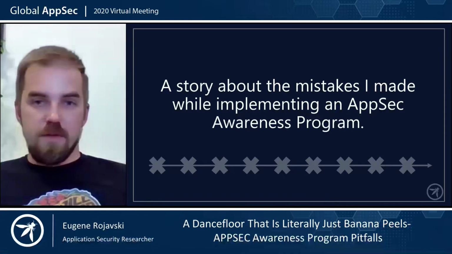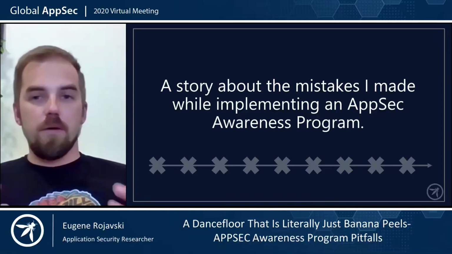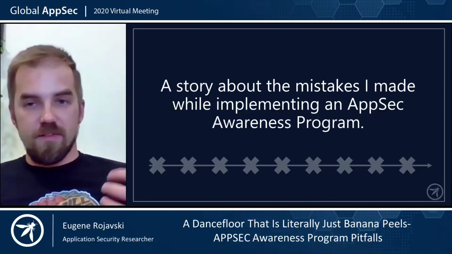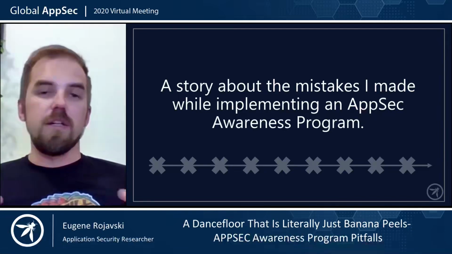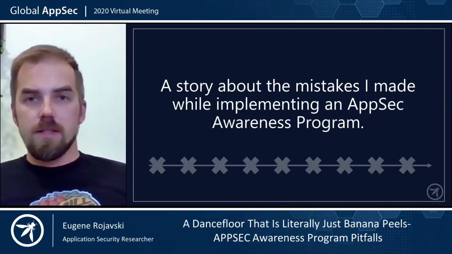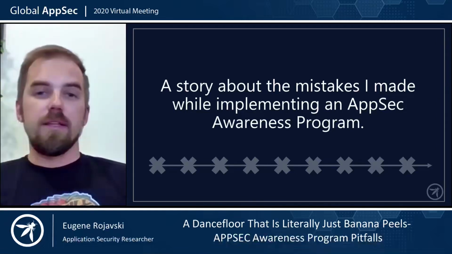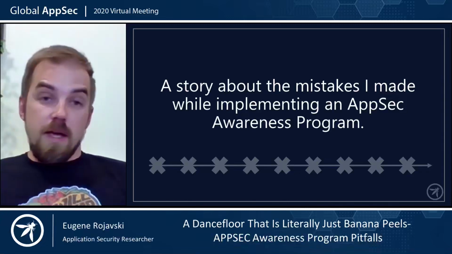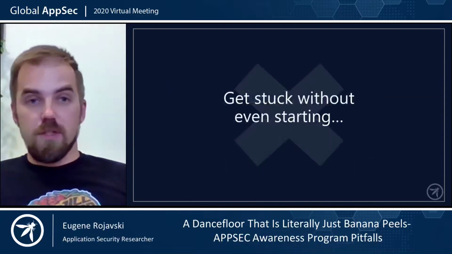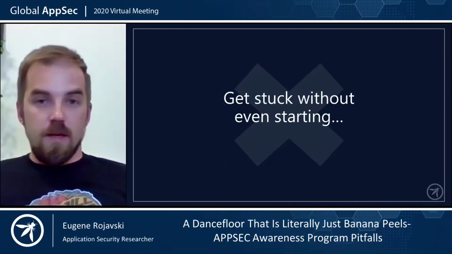I've gathered my experience and community knowledge, so now I can point out the pitfalls, the things that are usually done incorrectly, that are problematic, and that you are probably going to get into if you are implementing an AppSec awareness program. And the first thing you can do is actually get stuck without even starting.